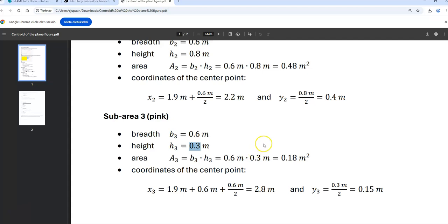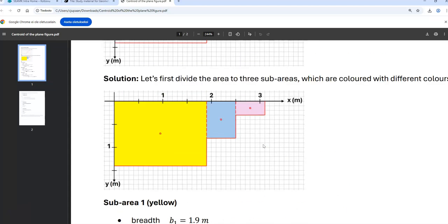And now for the coordinates of the center point, the x-coordinate again is a little bit harder, a place of error. To find the x-coordinate of the center point of this last rectangle, we have to first come from this vertical axis horizontally to the border of that third figure.